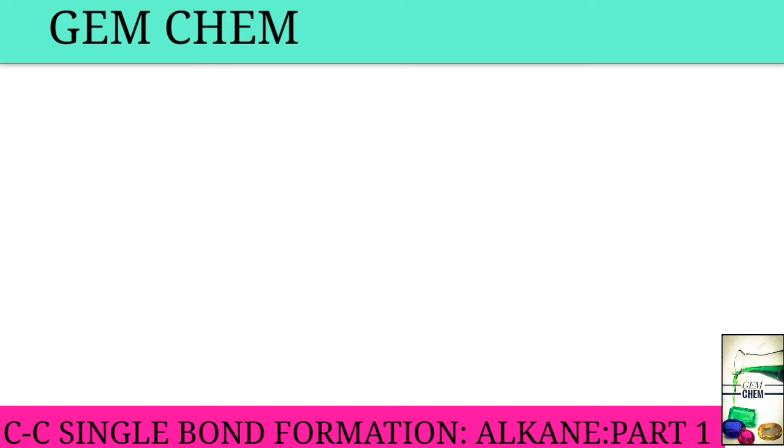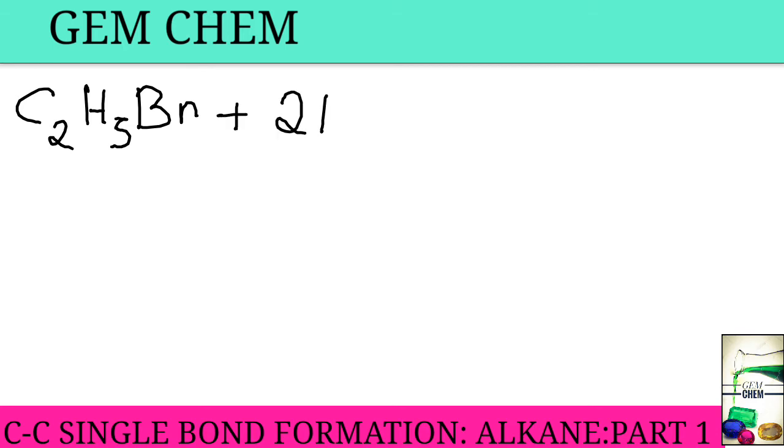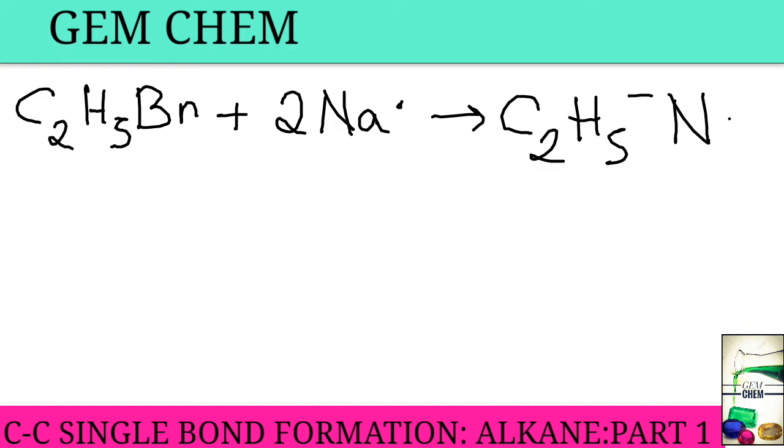See the mechanism with C2H5Br. Now see, this is the first mechanism, C2H5Br. There is a bond between carbon and bromine for this case, plus 2 sodium metal free radicals. We get C2H5⁻ Na⁺ and another is NaBr.